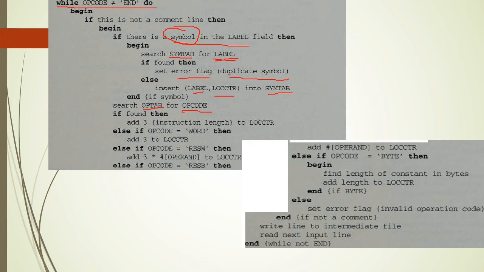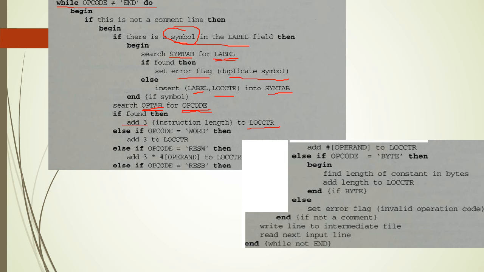So take the opcode and check its value in the operational table. If that opcode is present in the op table, then add the value 3 to the location counter. Why exactly 3? Because this is a SIC machine, each instruction is of length 3, so I add 3 to the location counter.